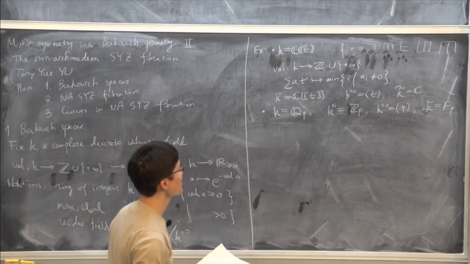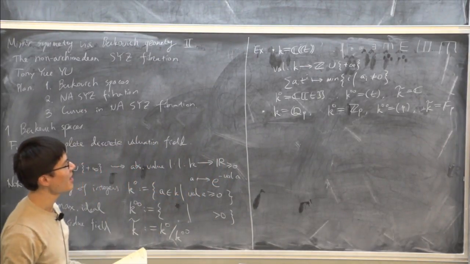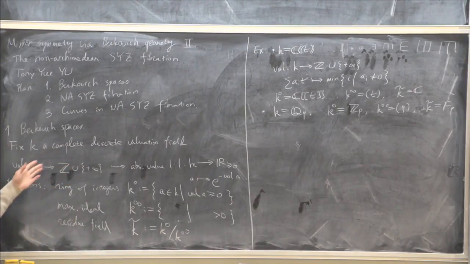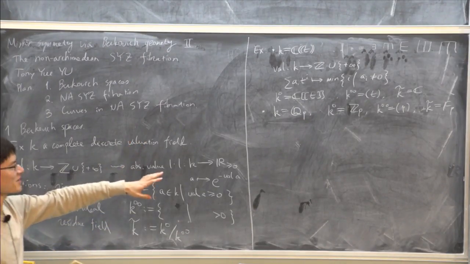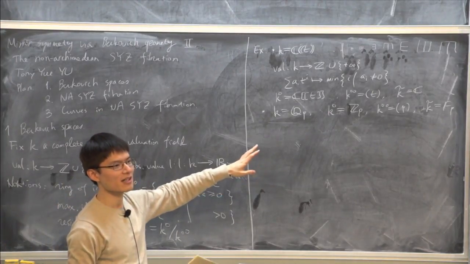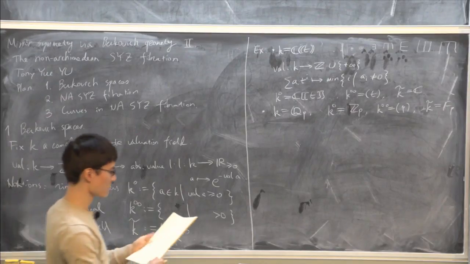So now let me explain what a Berkovich space is over such a discrete valuation field K. It's a bit complicated to explain in the general case. Let's still limit to a special case, that is, Berkovich spaces coming from algebraic geometry.